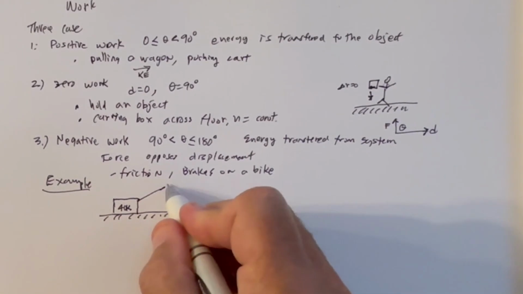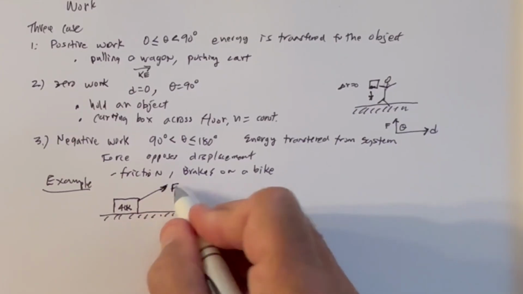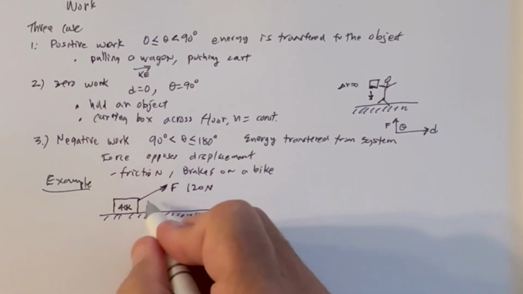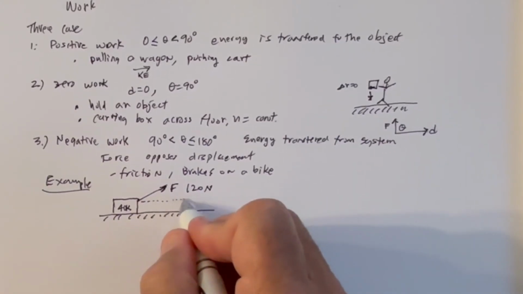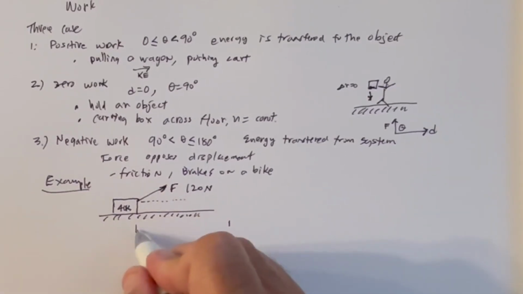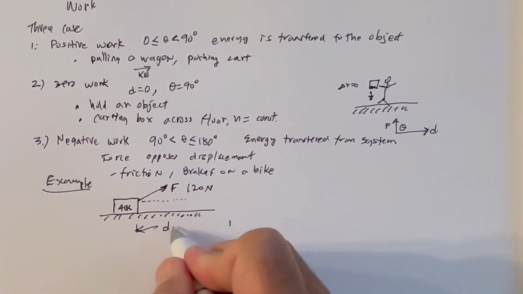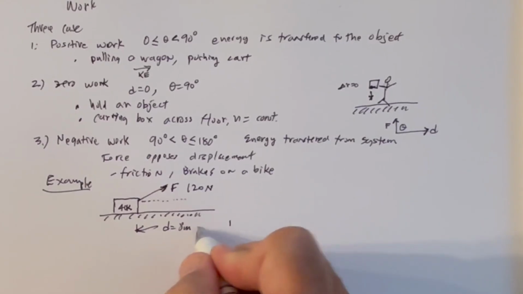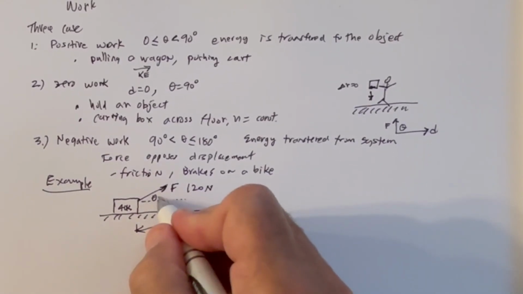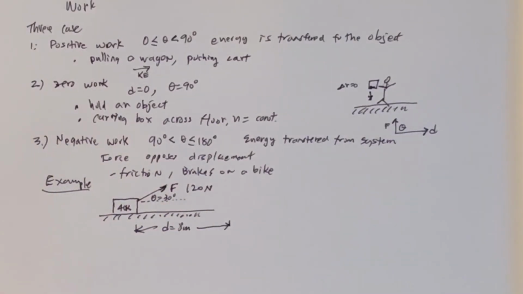And we've got a rope attached to this box, and we're pulling on it with 120 newtons. Now the box is going to move from here to here, so the displacement is equal to 8 meters, and our angle theta is going to be equal to 30 degrees.